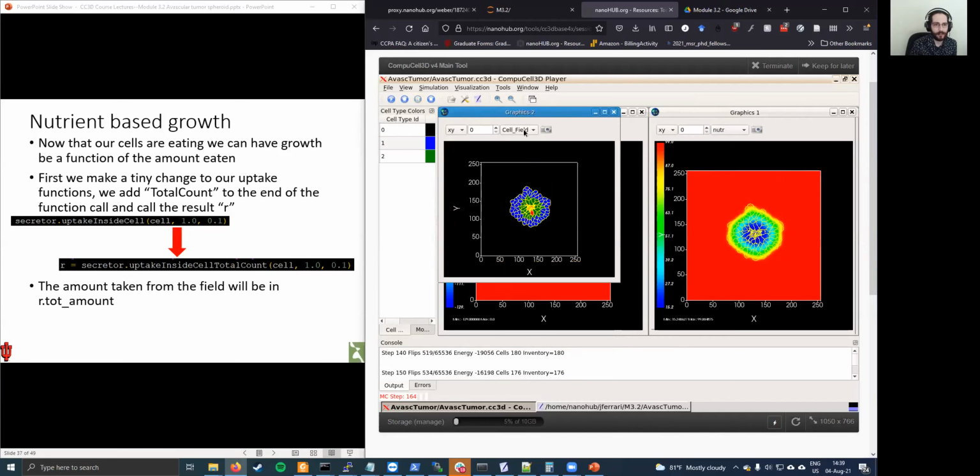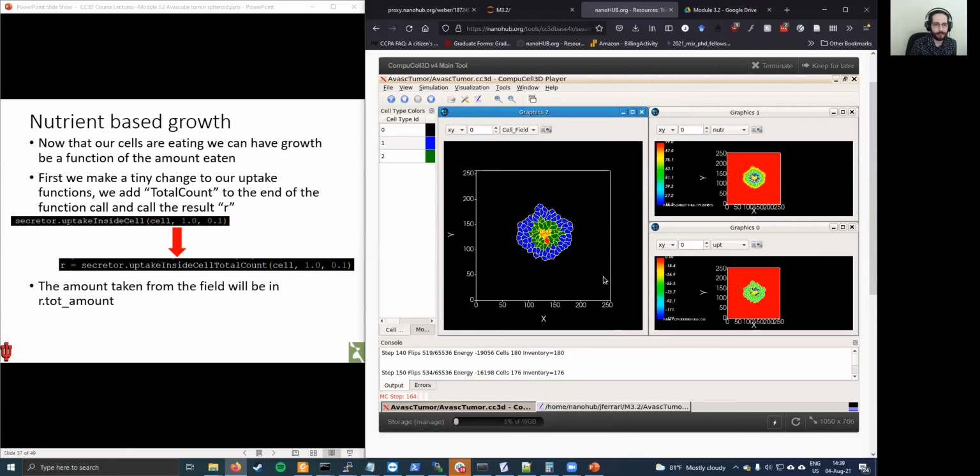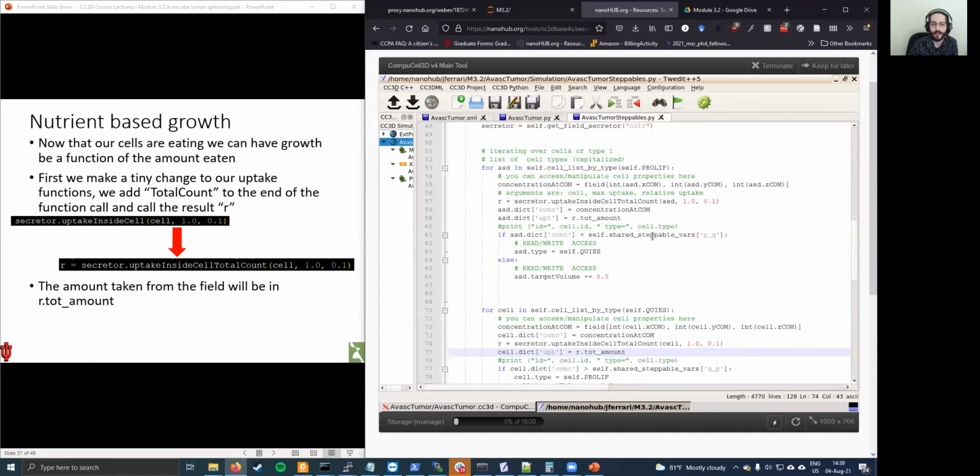And one thing that is not that noticeable here using the extra field, but is noticeable if you print the results straight to console, is that the uptake is about the cell volume. Because uptake inside cell total count, this maximum and relative.